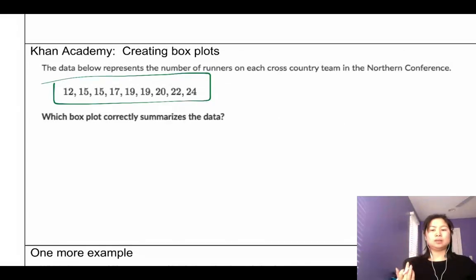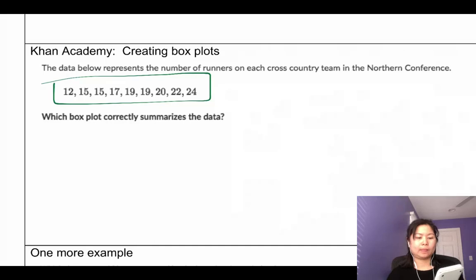To make it easy, I'm going to plug it into my calculator and put in the data. Let's do this together. I'm going to share the screen. For the calculator, the step is the same thing, okay? So you're going to hit stat. I'm going to share the graphing calculator.